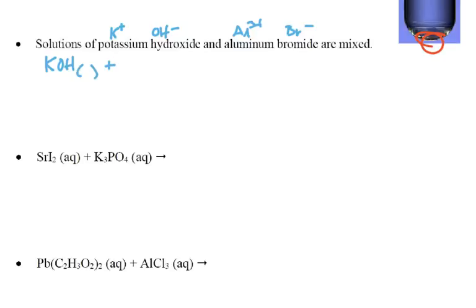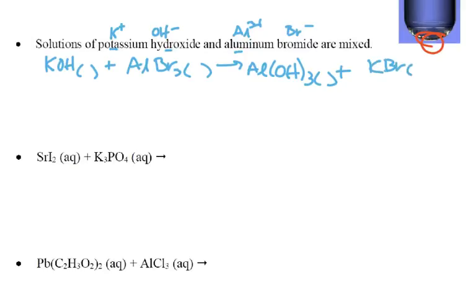Aluminum and bromide, 3 plus and 1 minus, so I'll need 3 Brs. Now switch partners. My aluminum and my hydroxide would be Al(OH) taken 3 times, and K and Br would just be KBr.